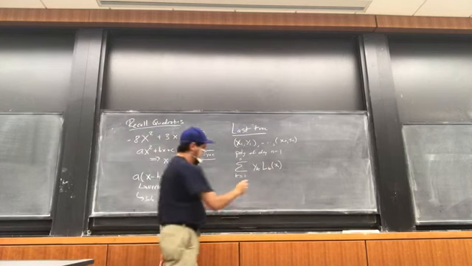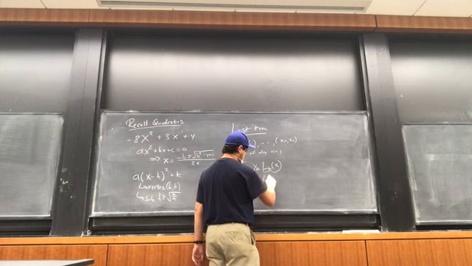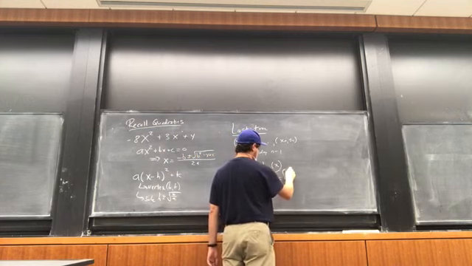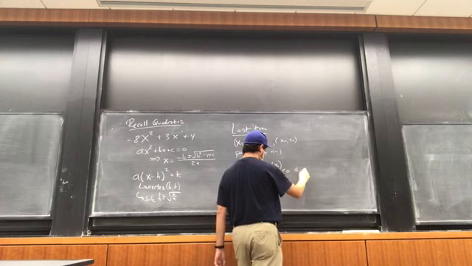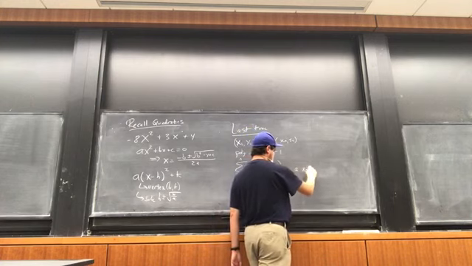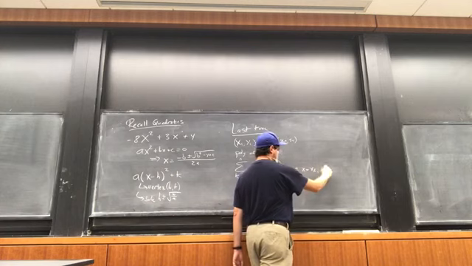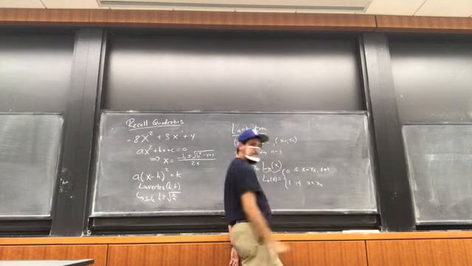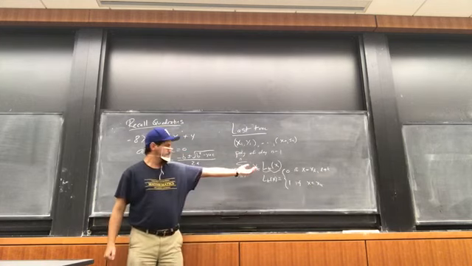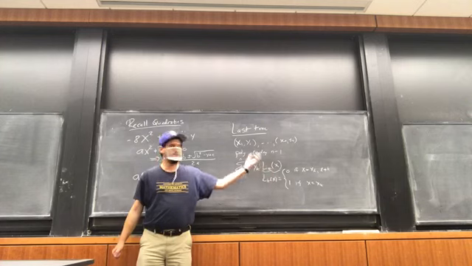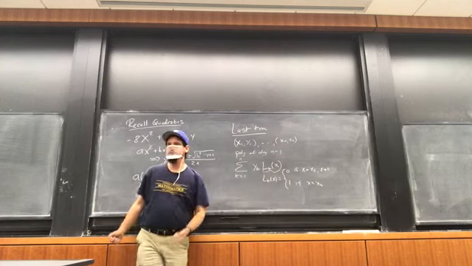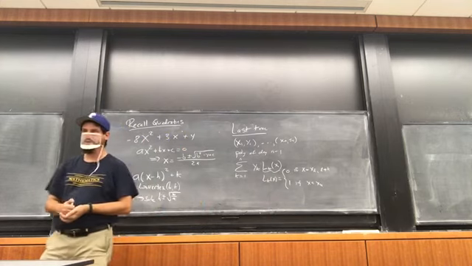And what's nice is lk of x equals 0 if x equals xl when l does not equal k, and equals 1 if x equals xk. So this is a beautiful function for us. It's 1 at the point xk, and it's 0 everywhere else. And so we can just piece together the function from that.